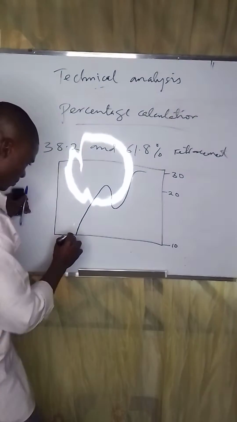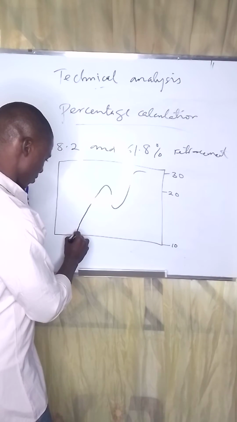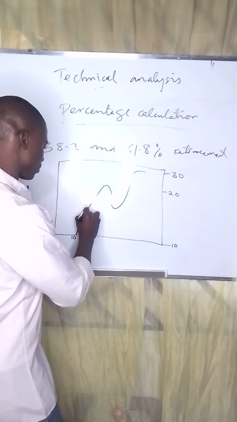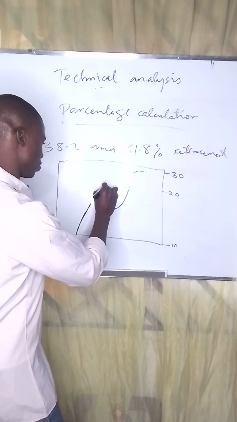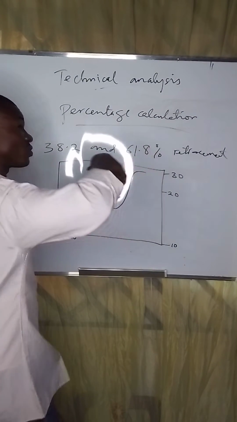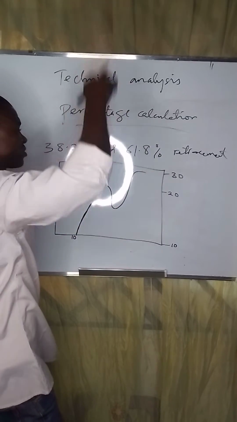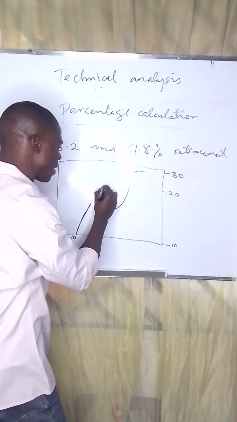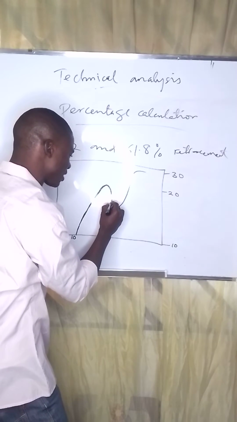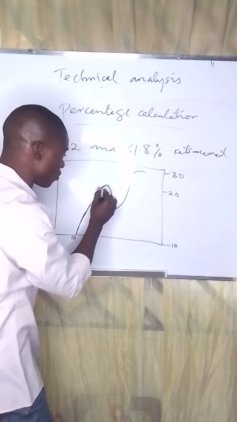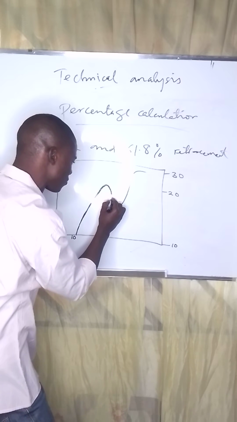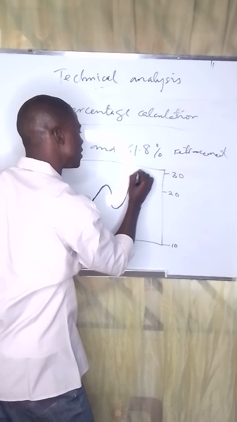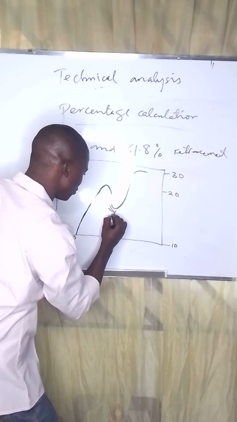What is retracement? When the price of a currency or commodity is going up in a bullish structure, it doesn't mean it will keep going up. If it's only going up, the line will be vertical. It will be bullish, as we call it, going up, and then there will be a time when it starts coming down. It's not as if the price is falling. It won't fall. It will come down to a particular level before it starts going up again. So this is called retracement.